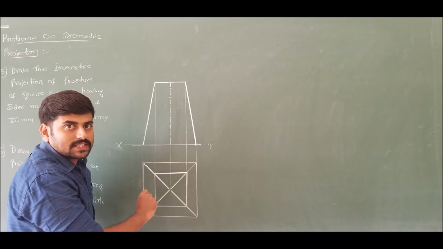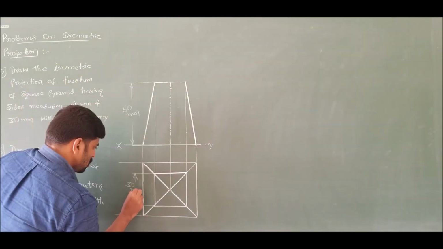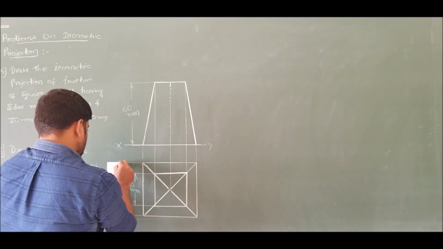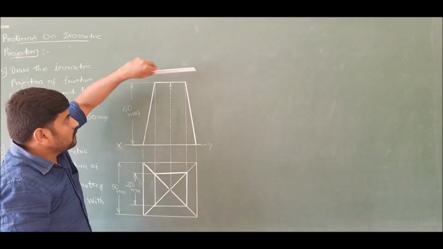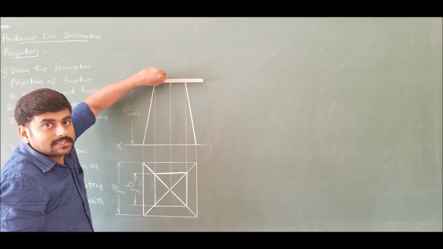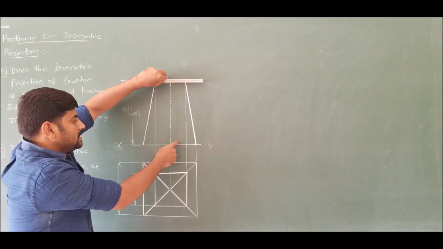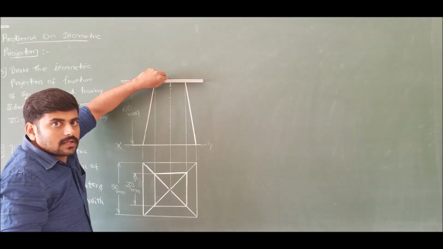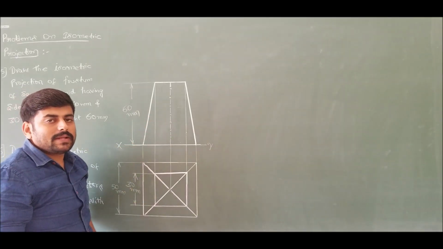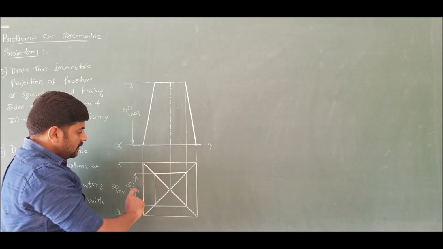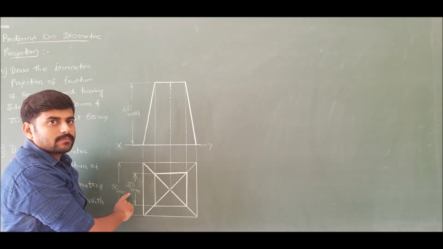Show the dimensions. Observe the cutting plane is parallel to the base. The base and the cutting plane are parallel. So this is the frustum of the square pyramid that is asked, with the outer side length measuring 50 mm and inner side length measuring 30 mm.